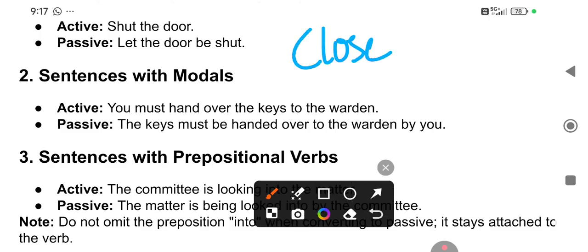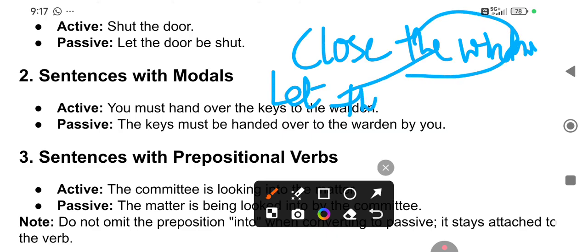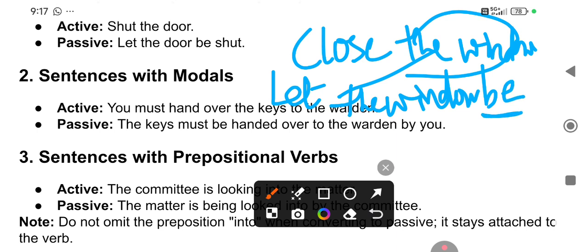Suppose close the window. So here the answer in passive voice will be let the window, not by but be. This is the verb which is used here. And the third form of close will be closed. Let the window be closed.